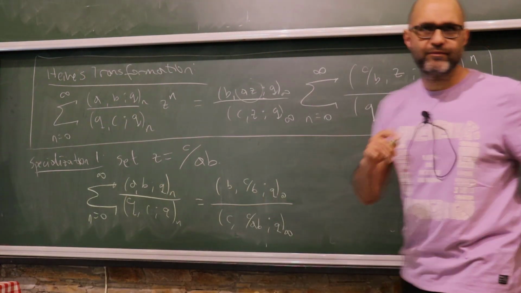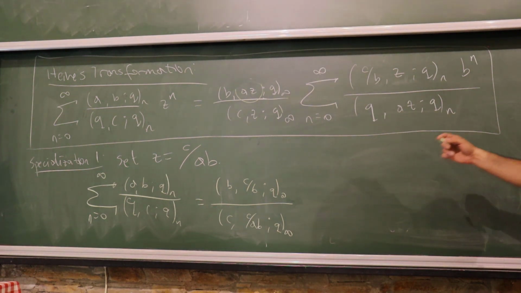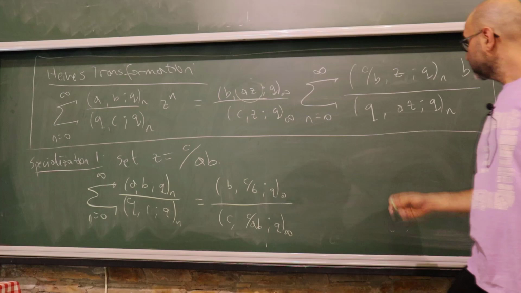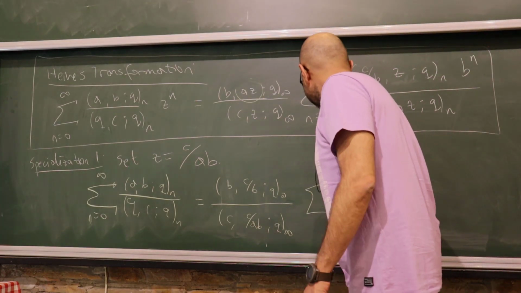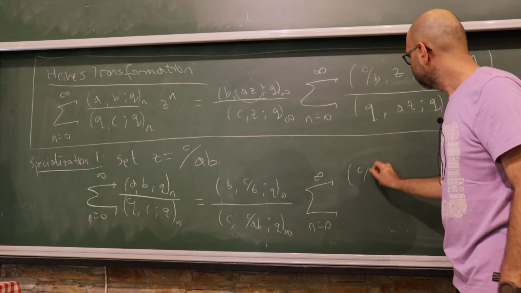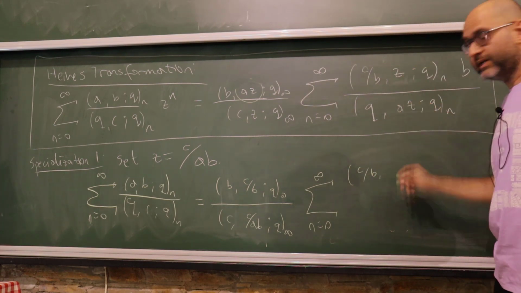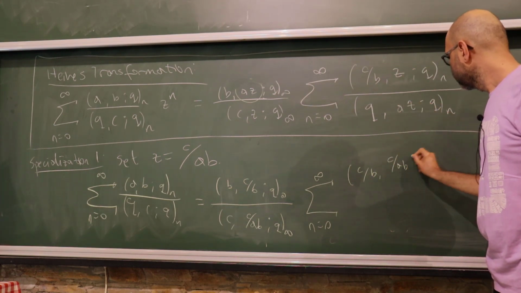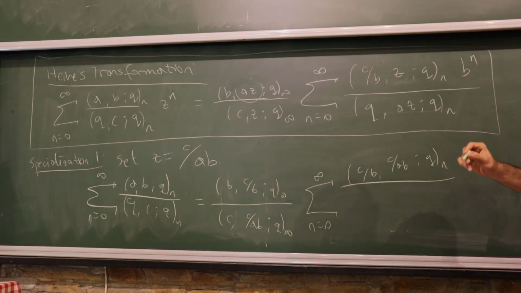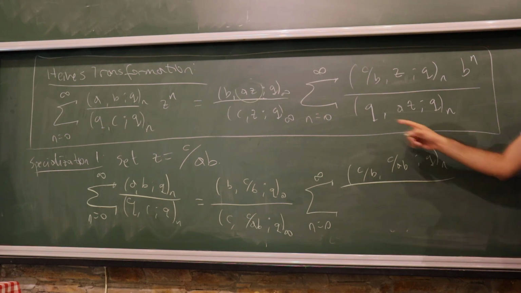If you saw this before, you see where I'm going with it. Make the same substitutions here as well. C divided by B, C divided by AB. These finite products, Q and A times Z, what was it?